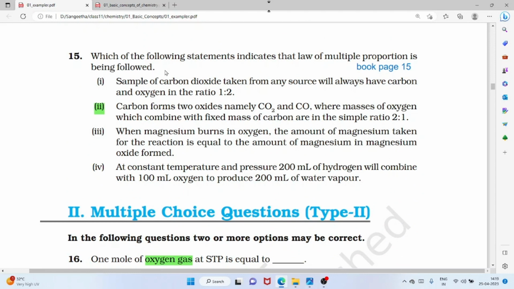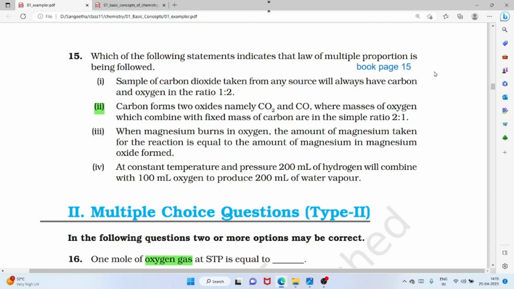Which of the following statements indicates the law of multiple proportions is being followed? Sample of carbon dioxide taken from any source will always have carbon and oxygen in the ratio 1:2. Which of the following statements indicates the law of multiple proportions? Carbon forms two oxides, where masses of the oxygen which combine with the fixed masses of the carbon are in the ratio 2:1.